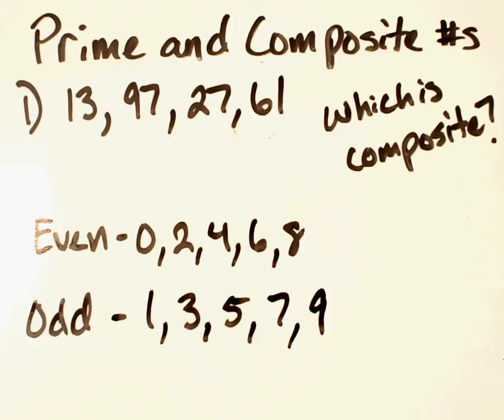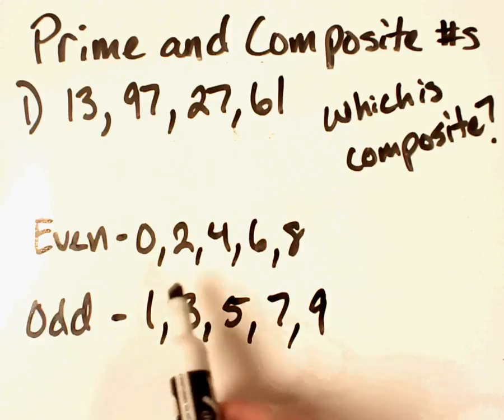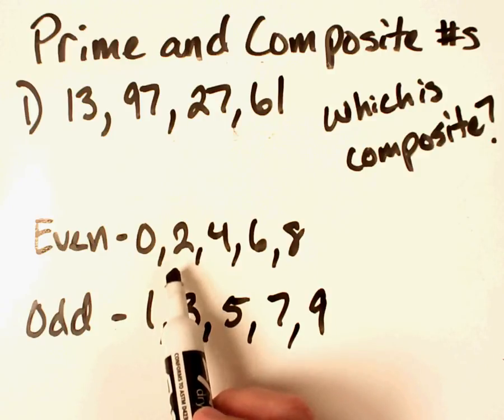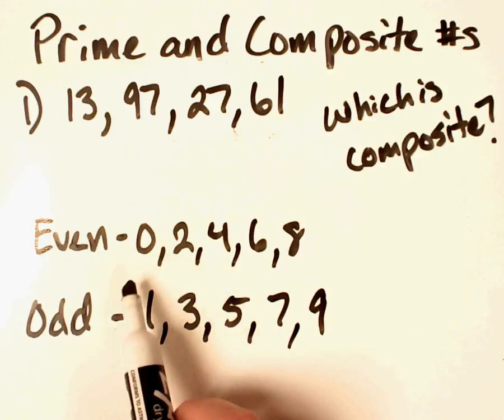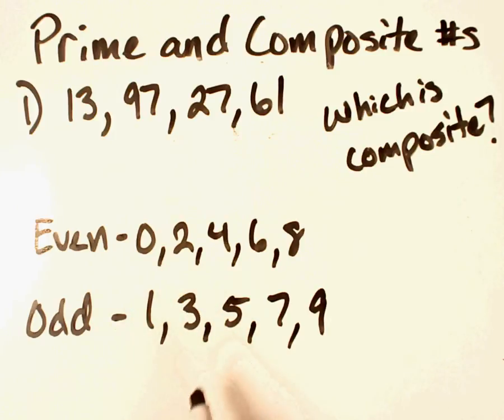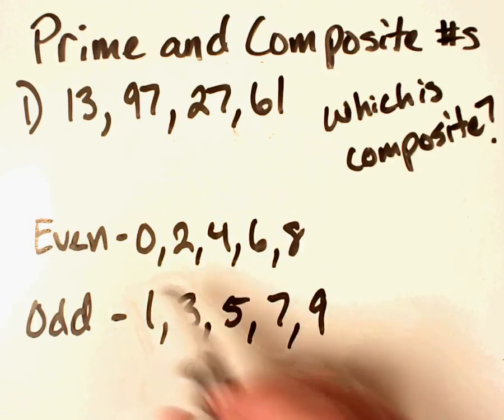All right, so the first thing we want to check and see is, is it an even number? Because the only even number that's prime is the number 2. Every other even number, well, I guess 0 would count as well. 0 and 2 are the only ones. Every other even number we can divide by 2, and so it's composite, other than 0 and 2.